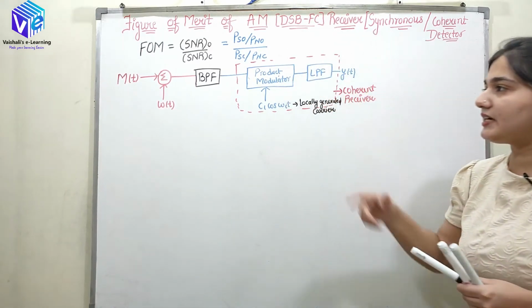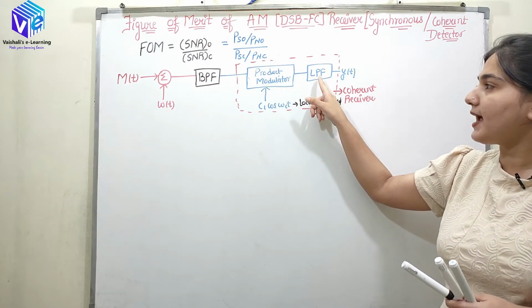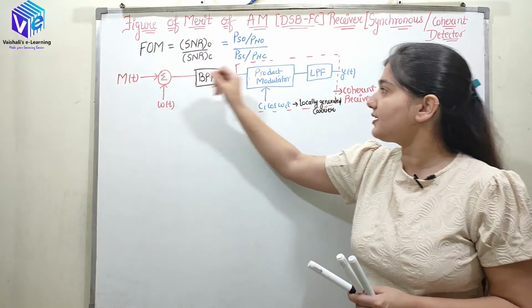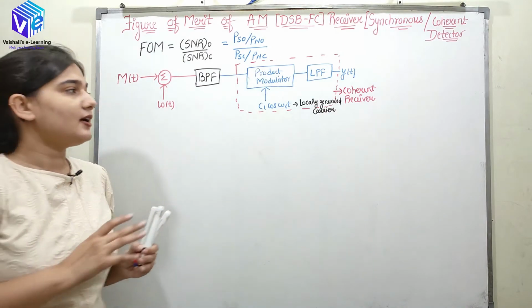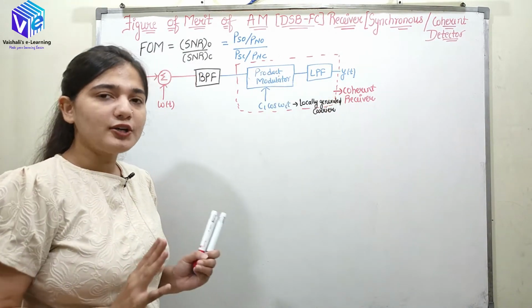This locally generated carrier is multiplied with m(t), so we get c1 cos(omega c t) multiplied with this signal, which is passed through the low pass filter, and we can extract the message signal with the help of this detector. We have already talked about it.